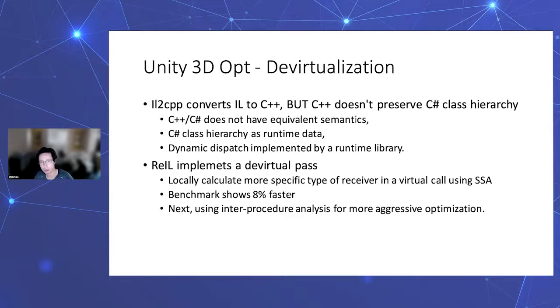So when you compile this generated C++, it has to compile with a runtime C++ library. This library can, for example, traverse the C# class hierarchy and figure out which method you should actually invoke at runtime.